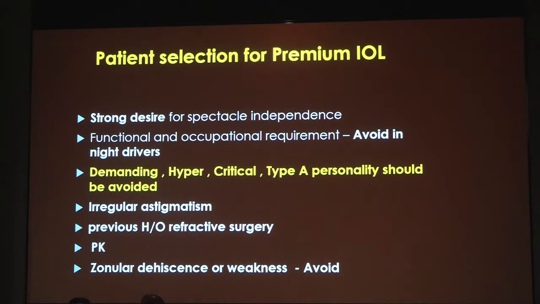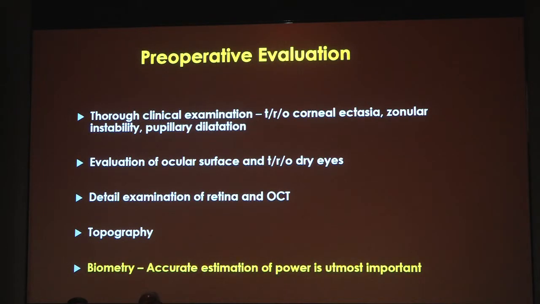Those who are in a profession where they want to drive at night, avoid those patients. And for those patients who have a strong desire for spectacle independence, give them a realistic outcome and try to understand their expectations. Then a thorough routine clinical examination.